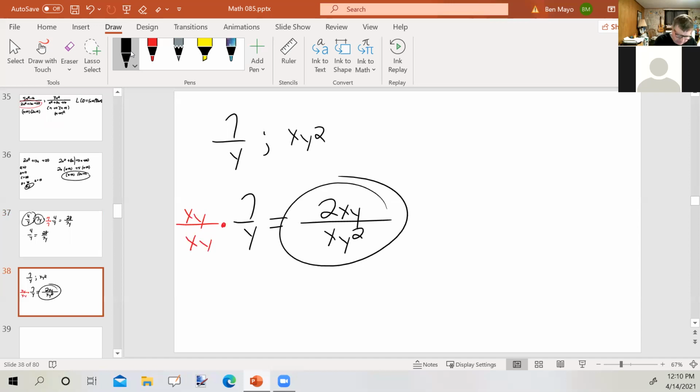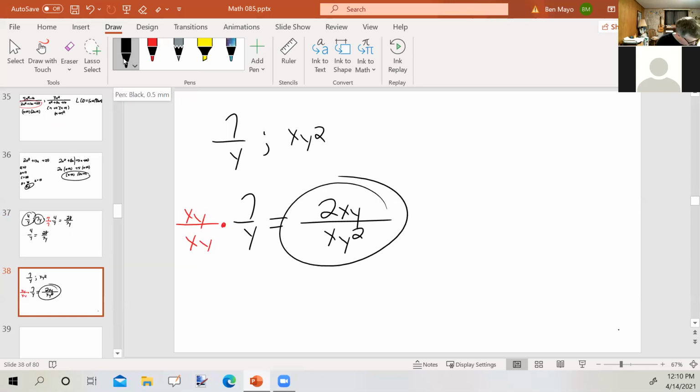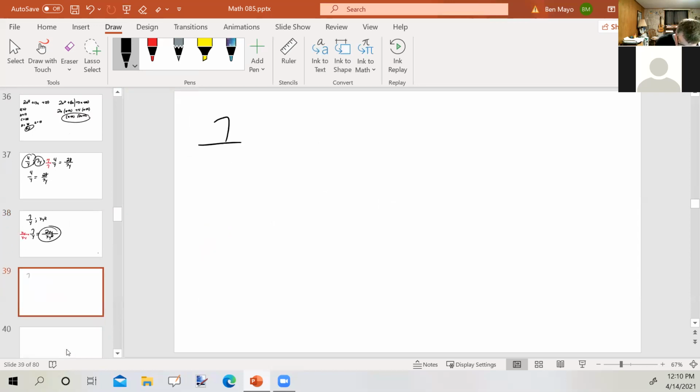You good to go on that one? I'll take that as a yes. Okay, let's see here. 7 over 6c, and we want our new denominator to be 30c squared.